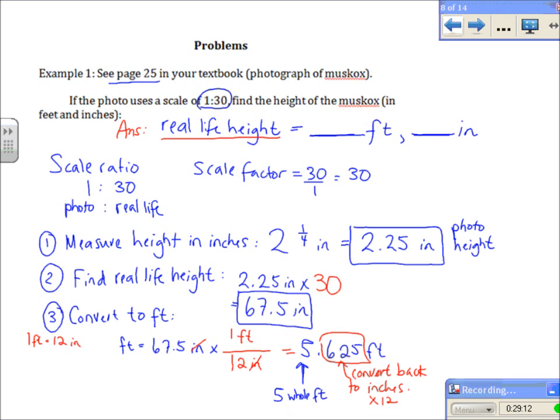Well, the muskox measured 5 whole feet, so I'm going to write 5 there in feet. And the remainder, instead of writing 0.625 feet, I reported this in inches, and it was 7.5. You might even choose here to round this number up to 8, and that would be okay too. 5 feet 8 inches, or 5 feet 7.5 inches.